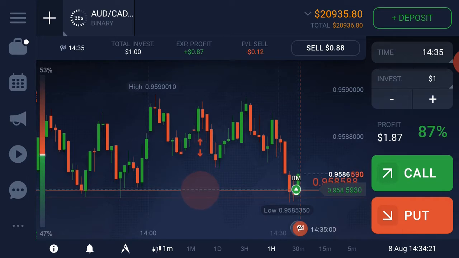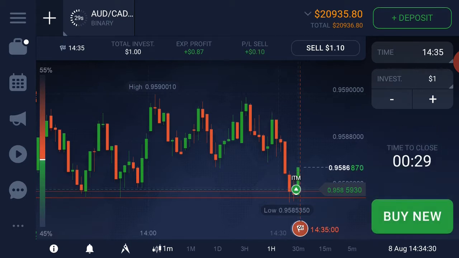I will explain how I place a trade here and how I win here. I'm sure about this candle, that's it, I trade here. Let's see what happened. Okay, very good. I think this is a 100% sure winning trade.